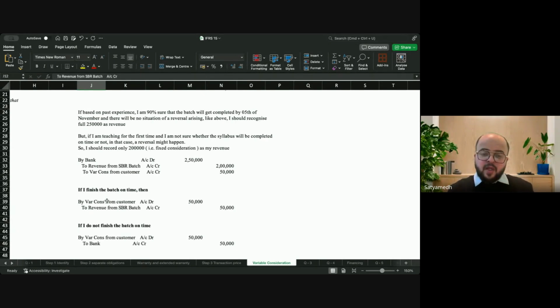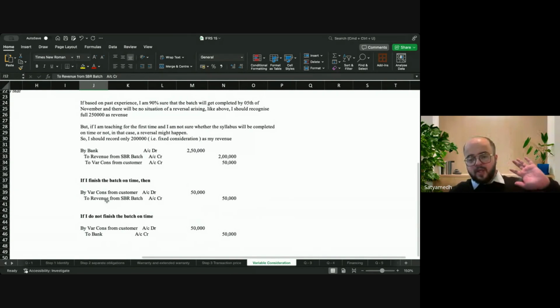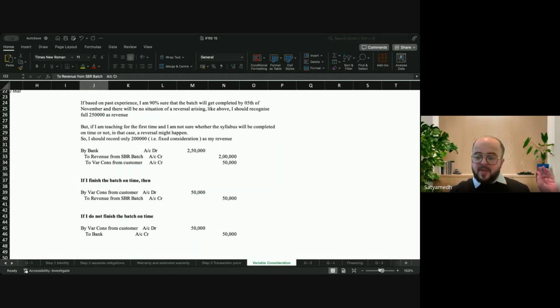So I should record only 2 lakh rupees as my revenue and let the 50,000 sit in either advance from customer or variable consideration from customer. If you finish the batch on time, transfer it to revenue. If you don't finish the batch on time, you will have to return the amount that you have received from the customer. So this is the basic idea about variable consideration.